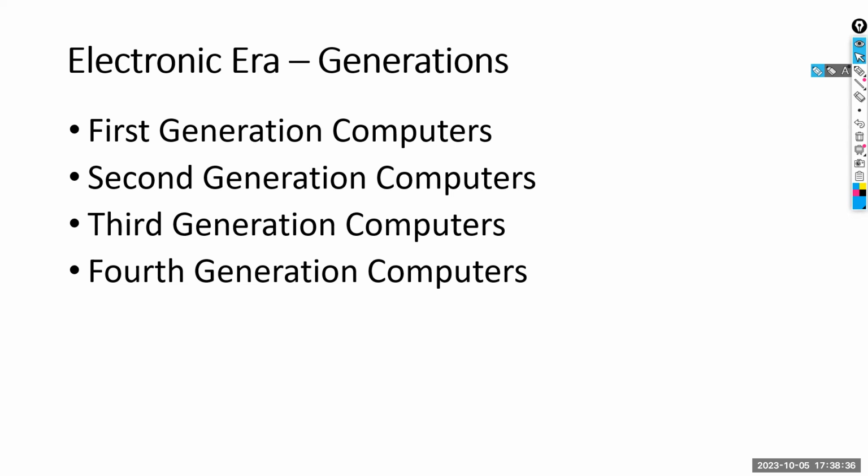So we can call them first generation, second generation, third generation, and fourth generation electronic computers. So how do you differentiate? It's super easy. You just have to concentrate on the processing device. Don't think about the other things. I have added a few more pieces of information, but you just have to look at the processing device.